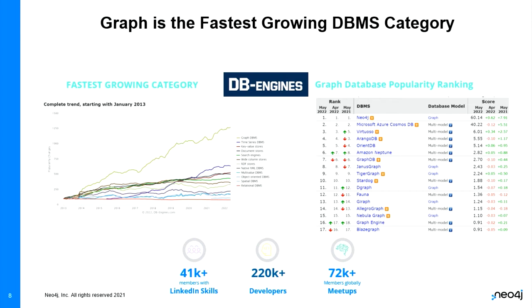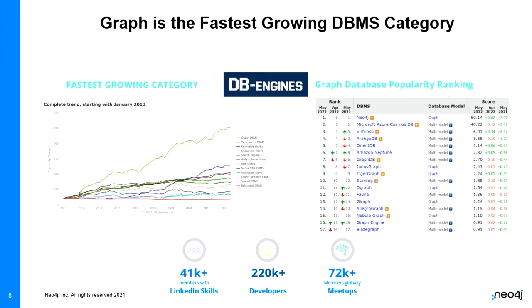We pretty much started the graph marketplace back in 2012. 2009 is when I think we got our first round, but the company started building the software in 2000. So it's actually been around for quite a bit. And so this is showing the popularity and trends in the graph database market. And you can get this, just go to DB Engines, and it's a third-party website.